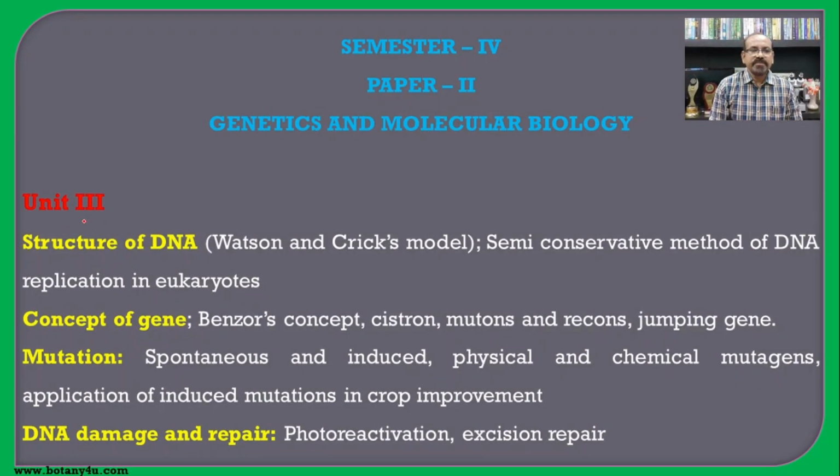This third unit includes the structure of DNA, that is Watson and Crick's model, then the semi-conservative method of DNA replication in eukaryotes, then the concept of gene, that is Benzer's concept, which includes the cistron, muton and recon, and also the transposable genetic elements or jumping genes.